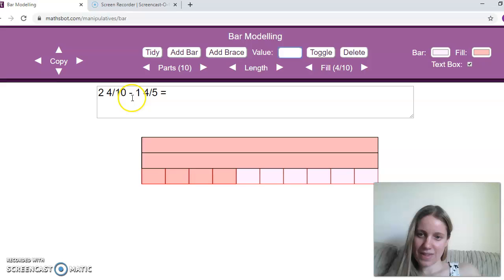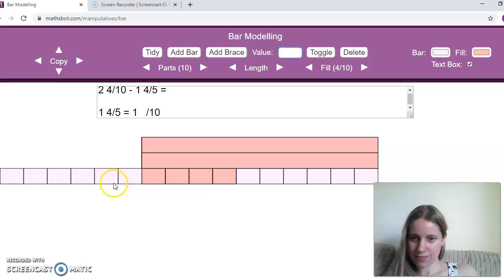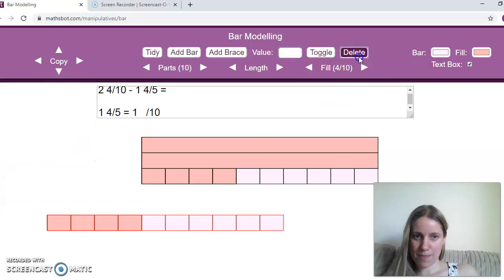So 1 whole and 4/5, I could change that. And I could say that's the same as having 1 whole and how many tenths? Well, not quite sure how I did that. Let's delete that one.